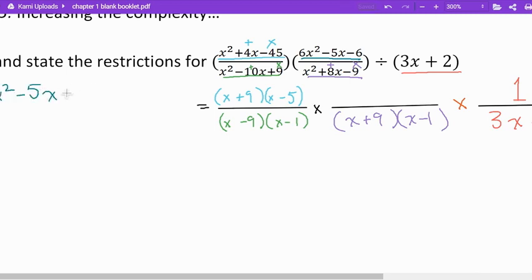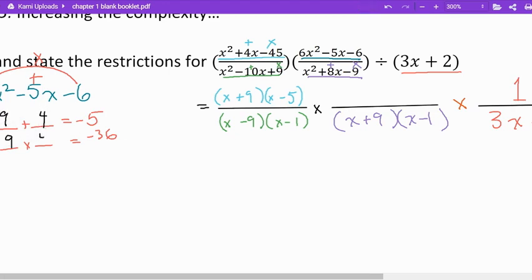So I've got 6x squared minus 5x minus 6. And I know that the two magic numbers have to add up to -5 and multiply to give me -36. Well, isn't that fun? And I'm thinking 9 times 4. Yeah, that sounds about right.